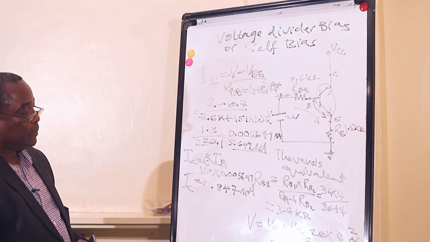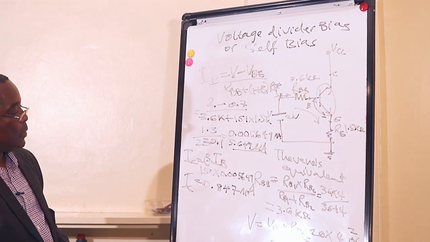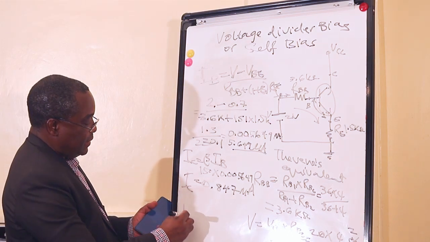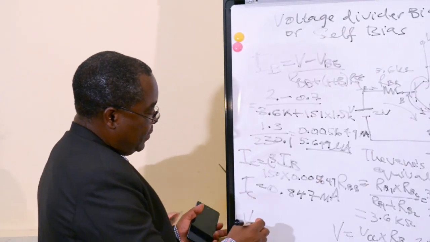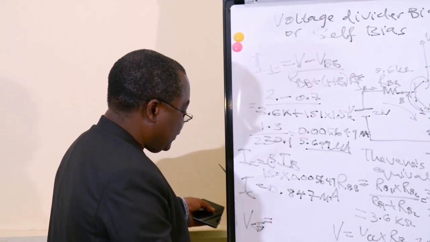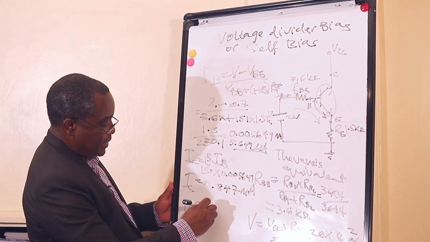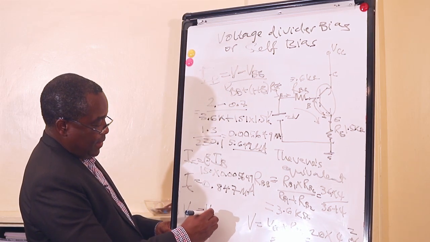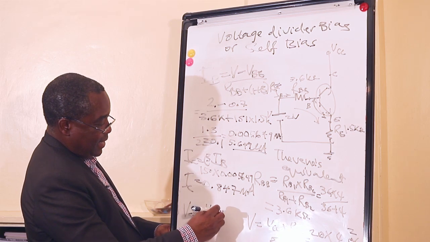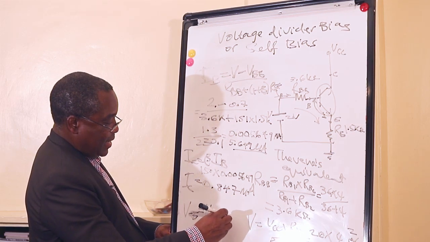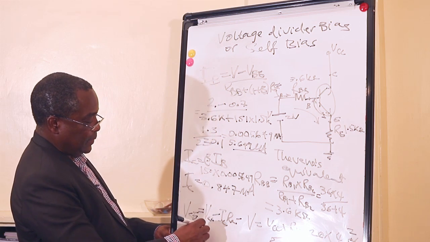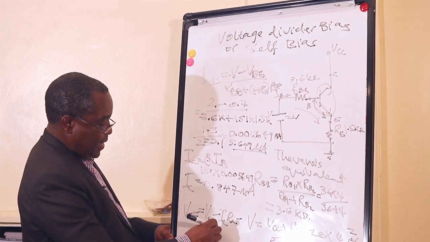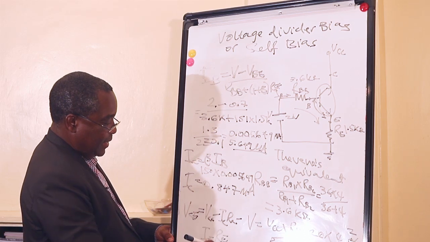So we need also to find VCE. VCE is equal to VCC minus IC RC minus IE RE.